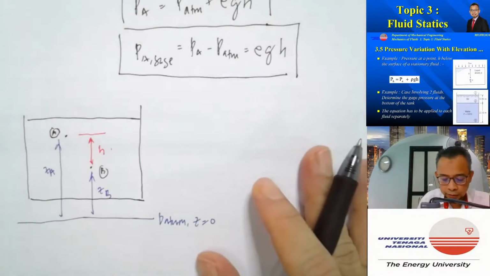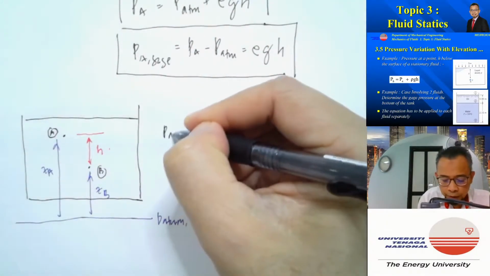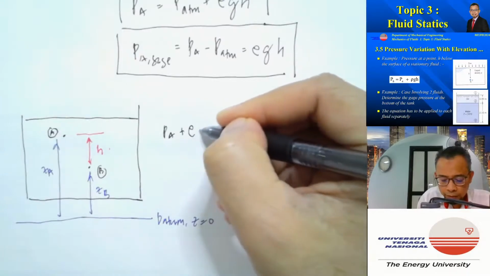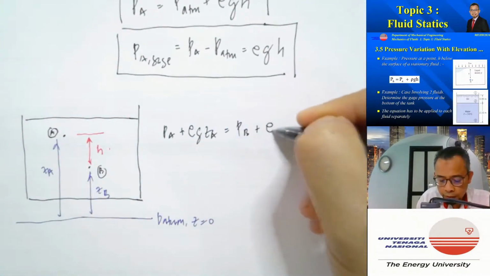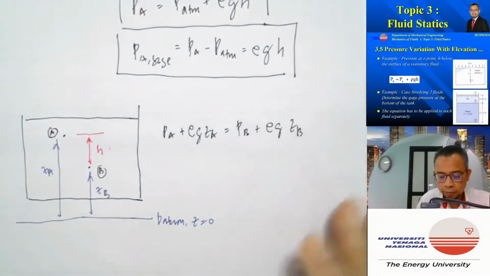So I can write the equation which says that PA plus rho g ZA must be equal to PB plus rho g ZB.